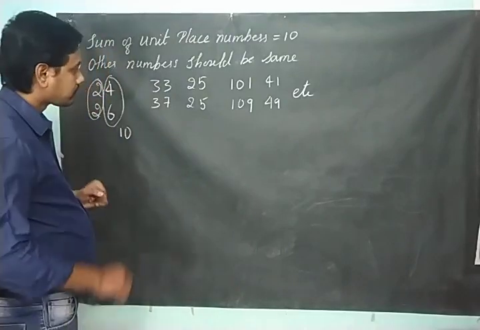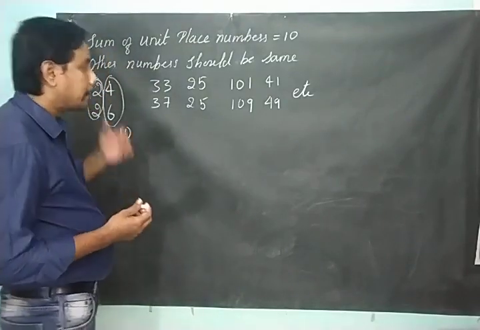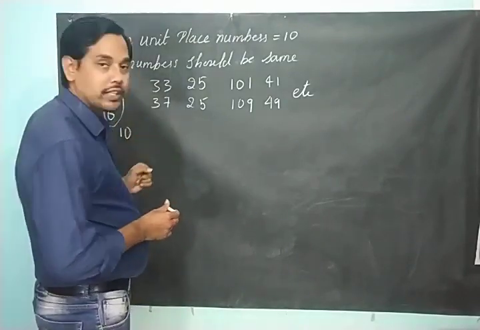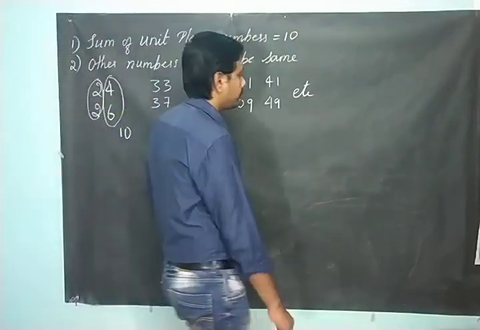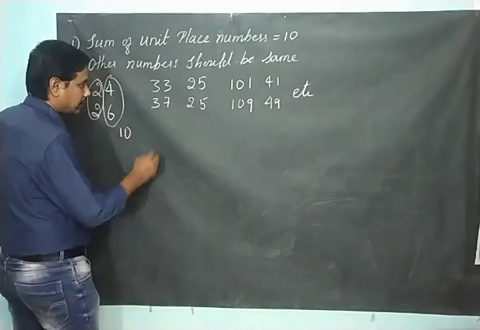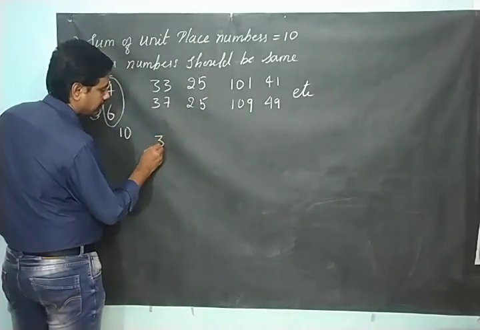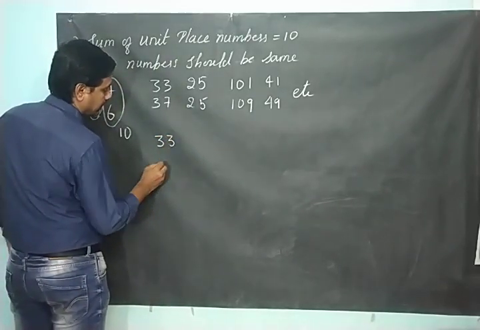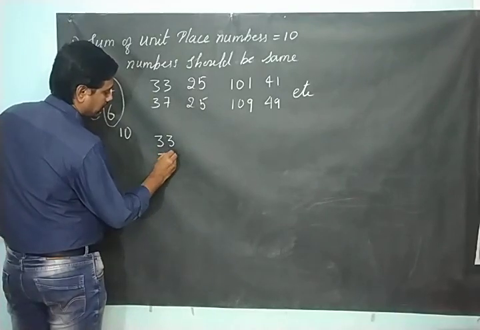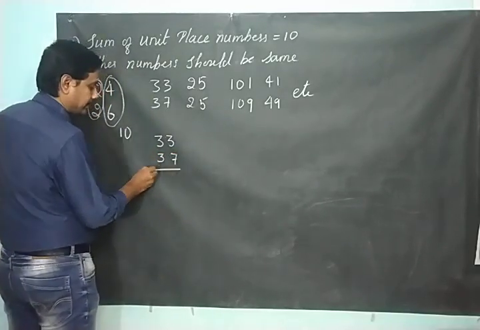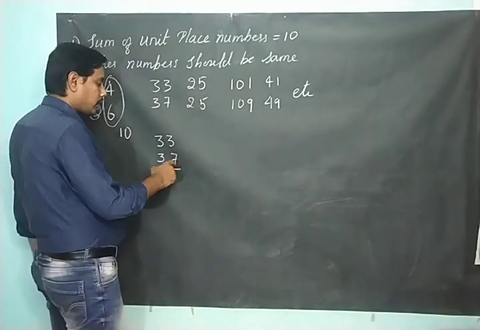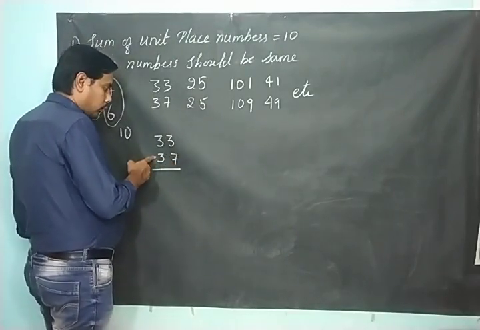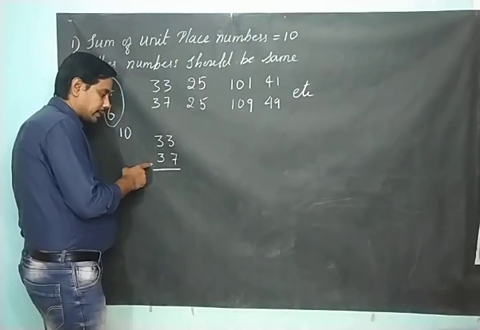Now let us proceed with the procedure, how to apply the trick. Let us take 33 into 37. The procedure here is: what is the number except the unit place?